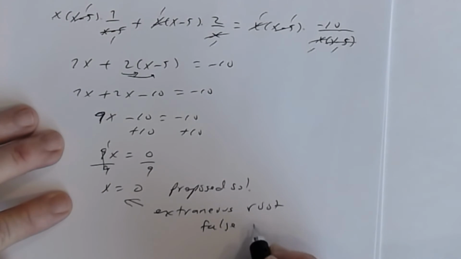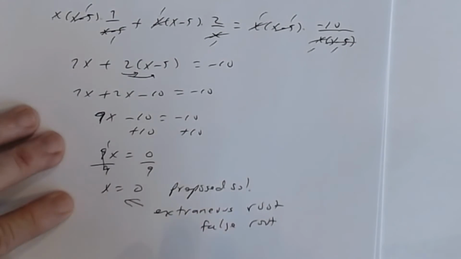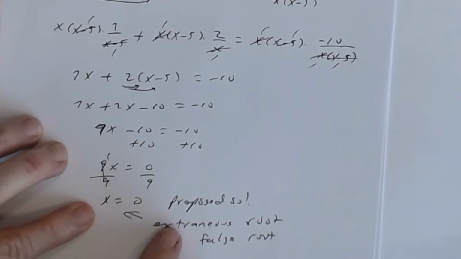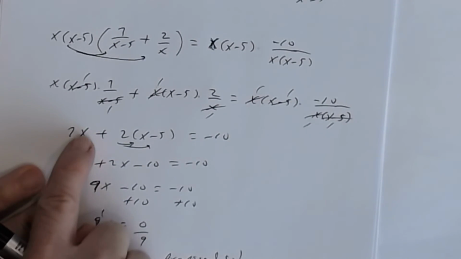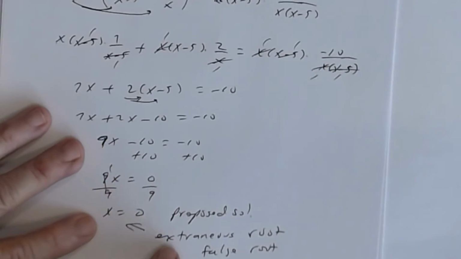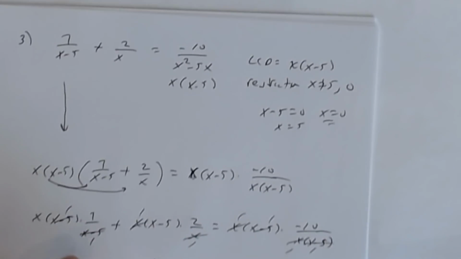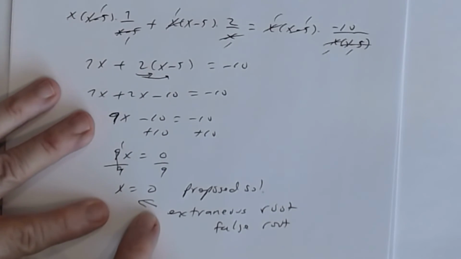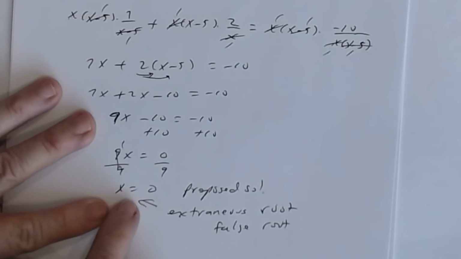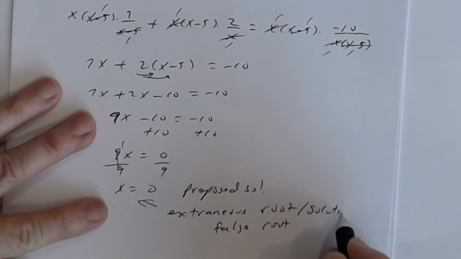Since it's a solution to this, but it's not a solution to the original equation, x equals 0, this proposed solution is actually an extraneous root or extraneous solution.